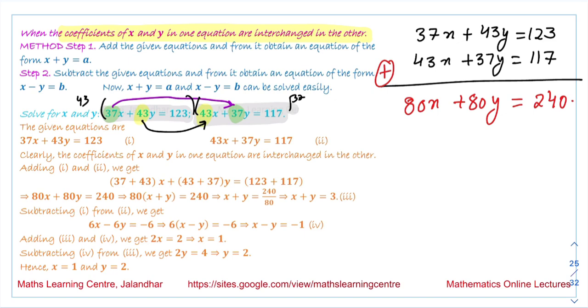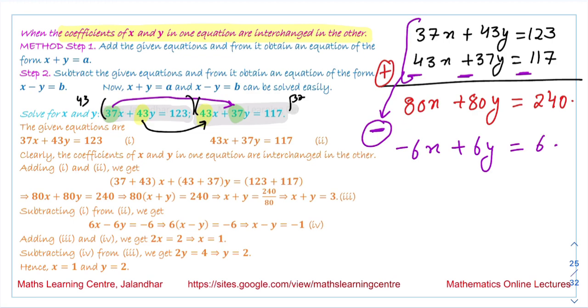Next, suppose we are subtracting these two equations. When you subtract these values, we get minus 6x plus 6y, that is equal to 6.